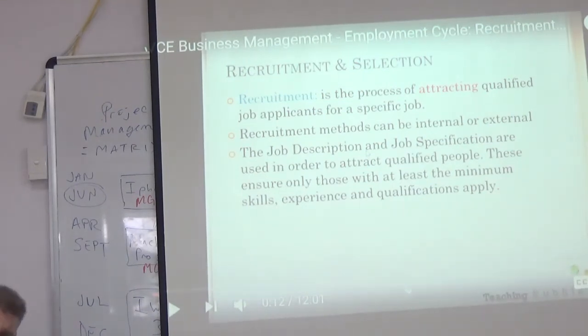Usually, internal recruitment is used when things in the company are going quite well and you don't really want to change course. And another option, especially in a management position, would be external recruitment. External recruitment means going and headhunting or trying to find some management from outside of the company, someone with experience in the industry.